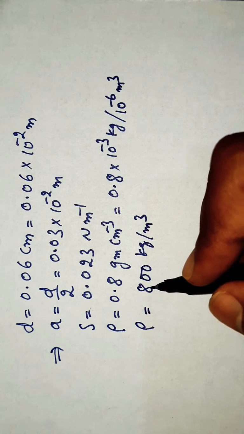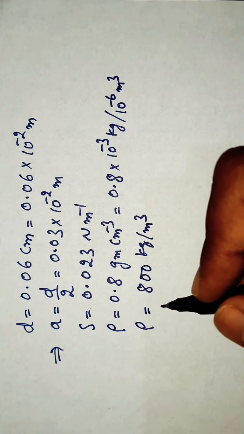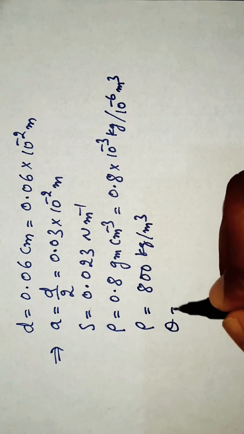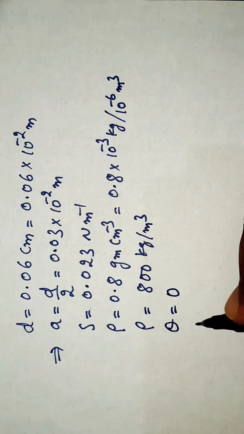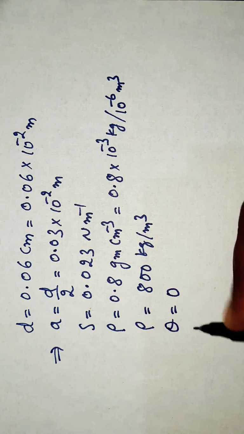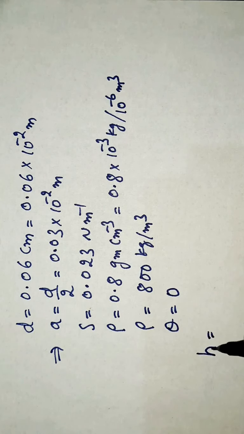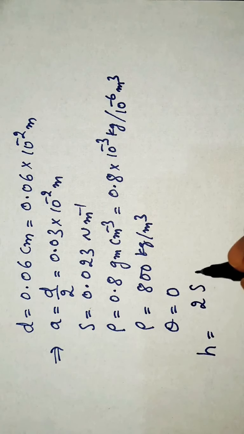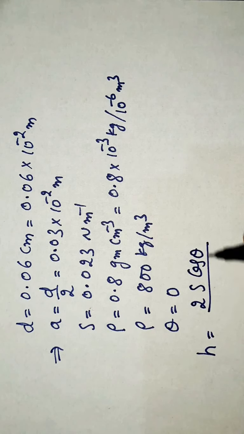So here the angle of contact is 0, theta is equal 0. Here we have to find how high the methyl alcohol rise in the glass tube. So here H is equal, we know 2s cos theta by rho Ga.